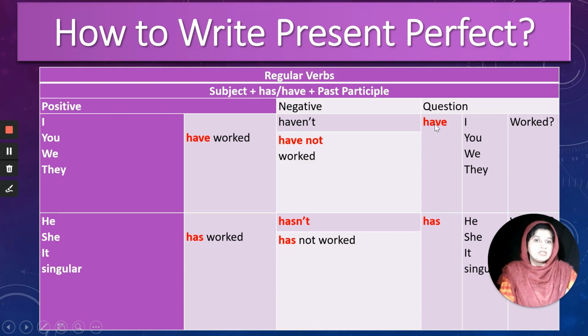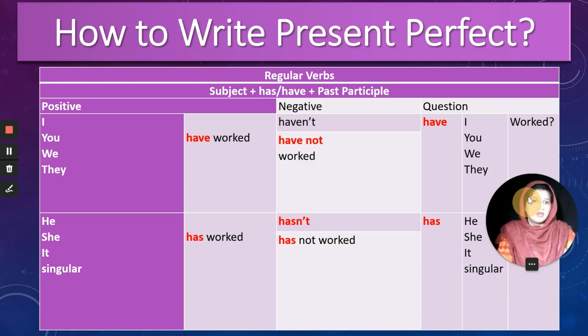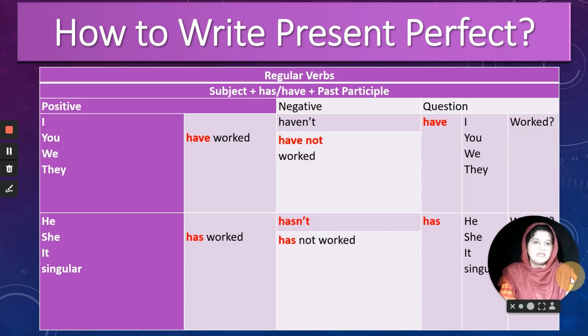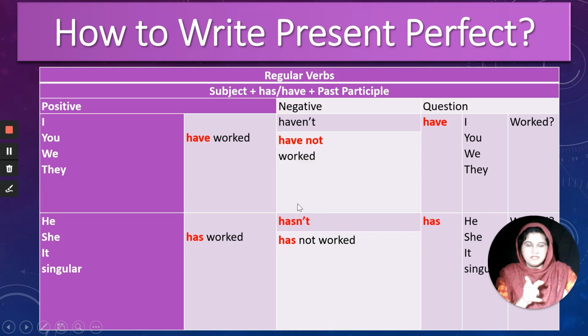Have we worked? Have they worked? Or has he worked? Has she worked? Has Ali worked? Right? So at this point, you should pause the video and make your own sentences in all the three forms: positive, negative, and question.